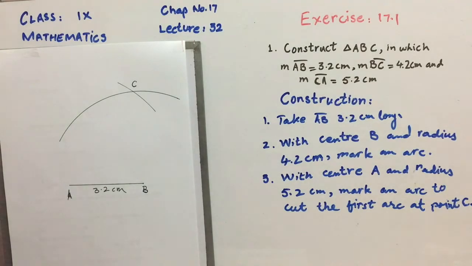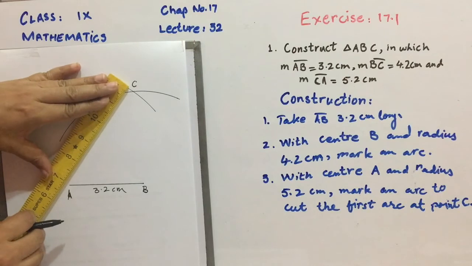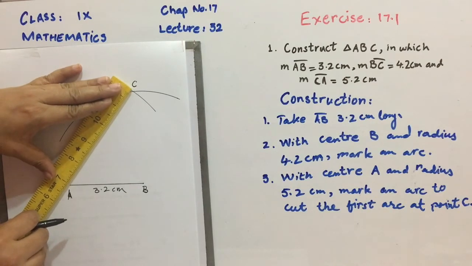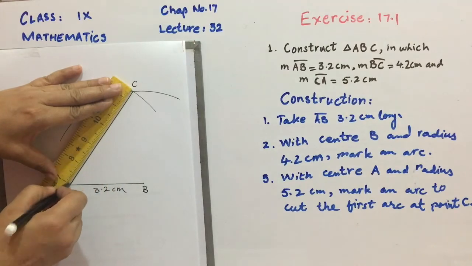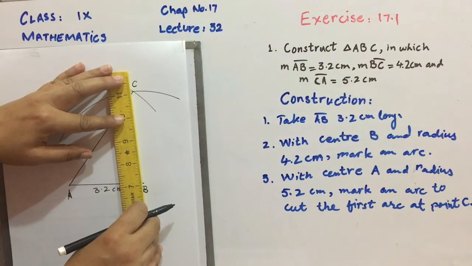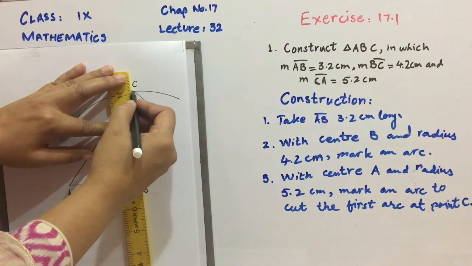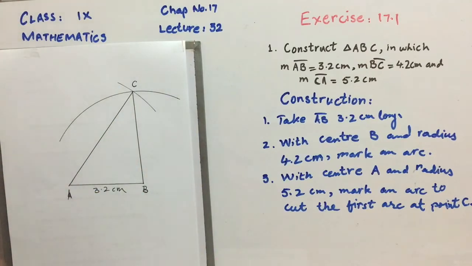Now next step is joining of the points. Join the point C to A and B respectively. Join point C to A and then to B. We can note down this step like this.